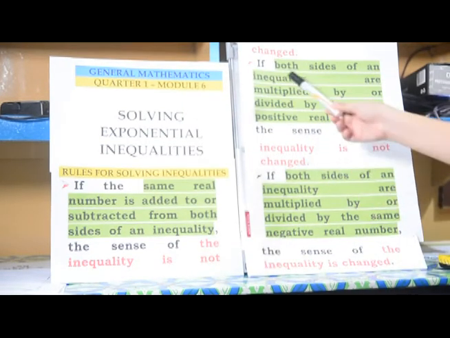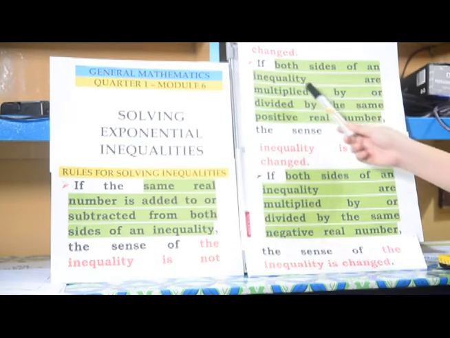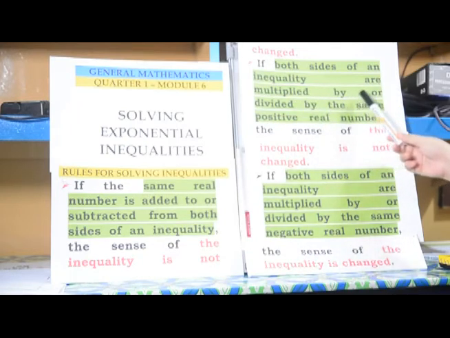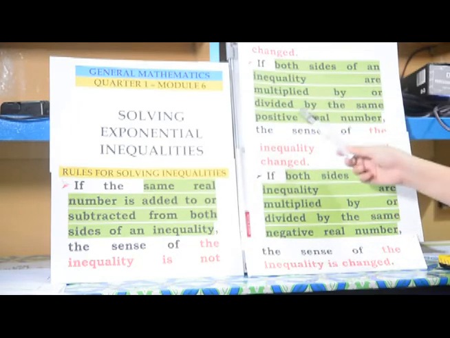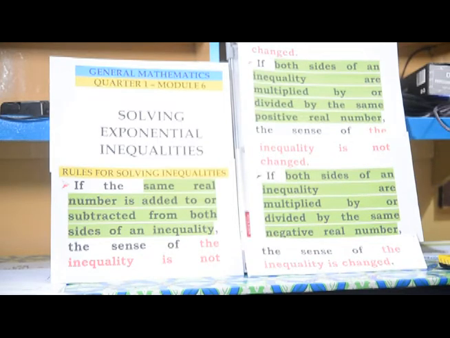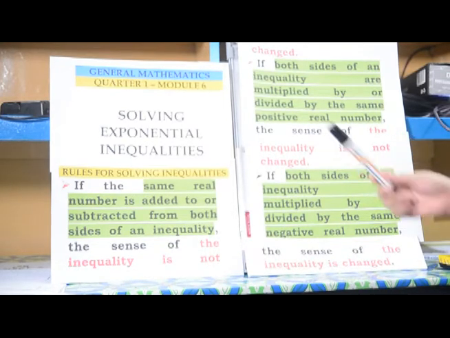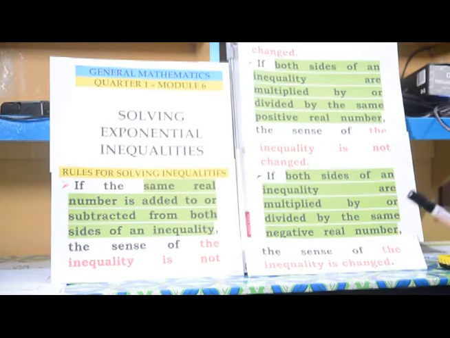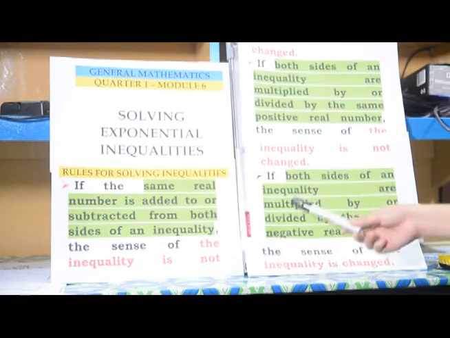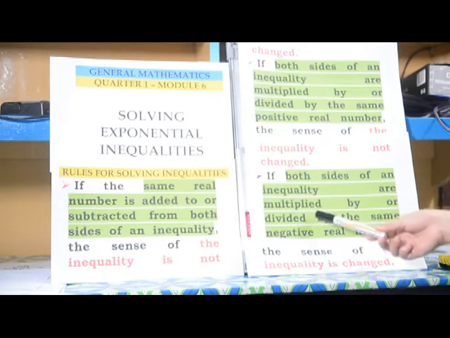Second, if both sides of an inequality are multiplied or divided by the same positive real number, again, the sense of the inequality is not changed. But if both sides of an inequality are multiplied or divided by the same negative real number, the sense of the inequality is changed this time.